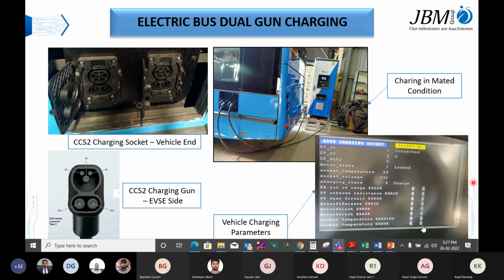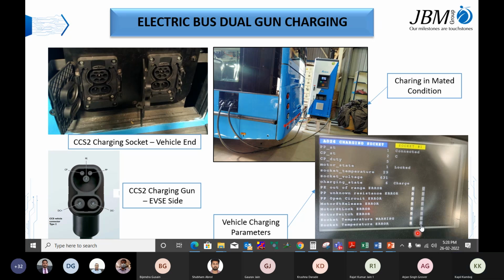After coming to the depot, we usually charge the vehicle and the BMS will automatically balance it. The only condition is that the cell should be in healthy condition. If it is permanently damaged, then it cannot be balanced.